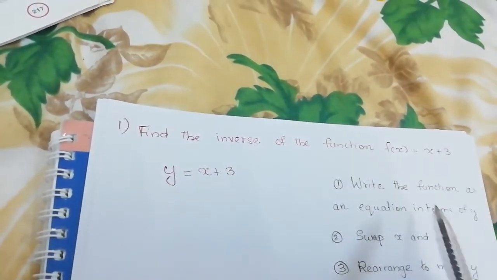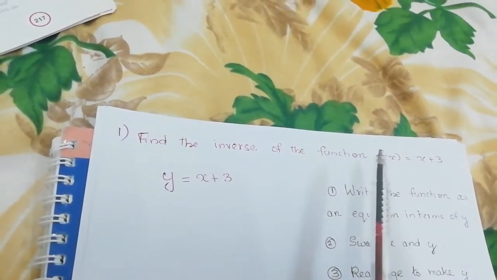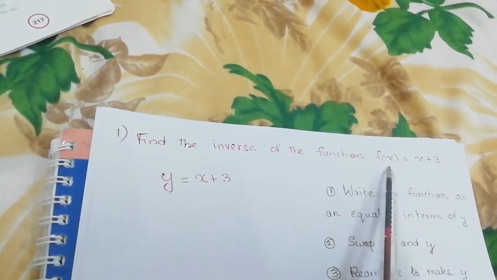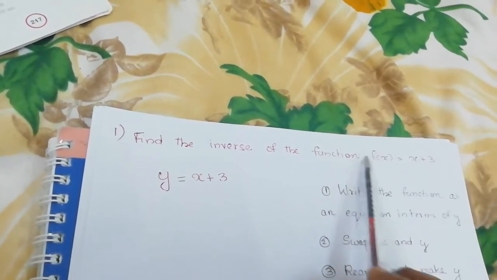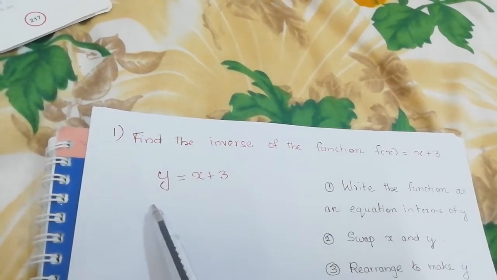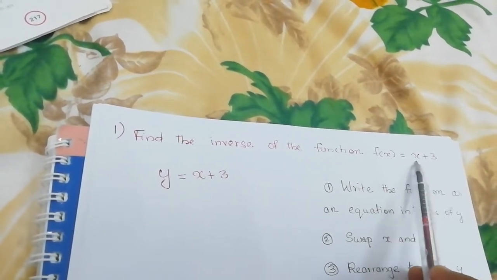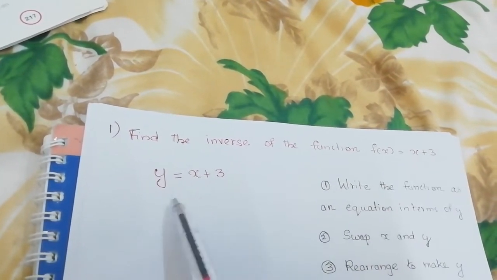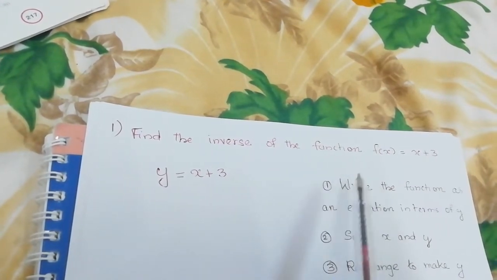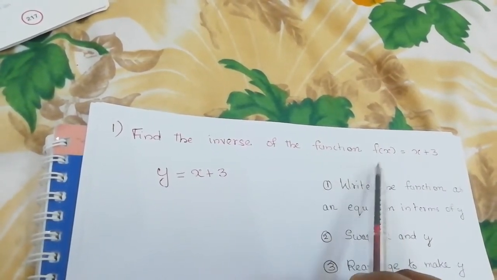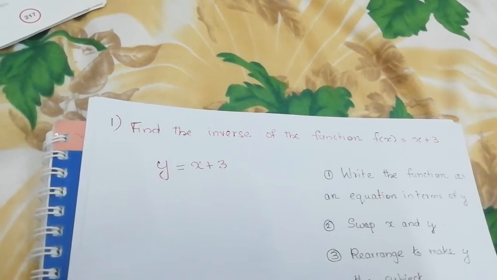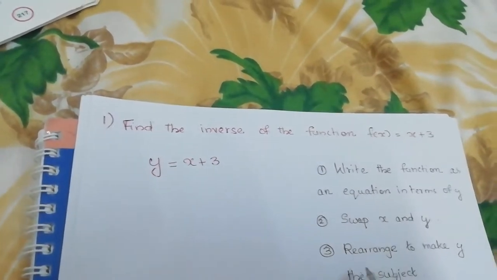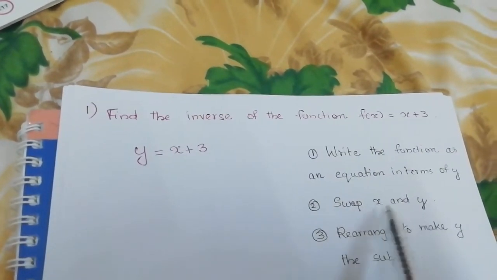You're just writing this function in equation form. This is the first step: you have to change the function into an equation in terms of y. The next step is to swap x and y.